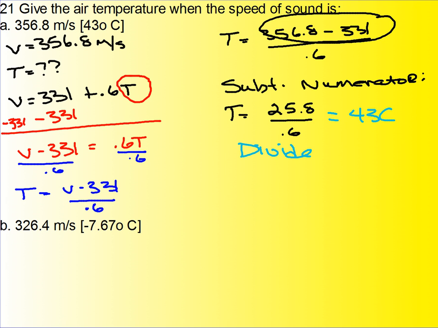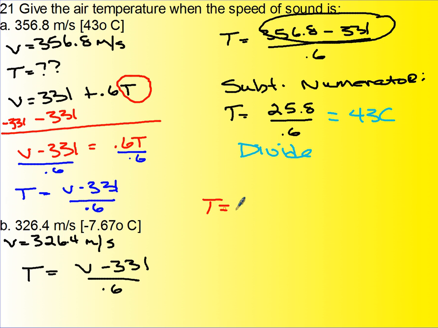All right, let's do this one down here. I've already done the computation. My velocity is 326.4 meters per second. You don't have to redo it for part B. So I know the temperature is V minus 331 divided by 0.6. Now I'm going to plug in: T is 326.4 minus 331, divided by 0.6.